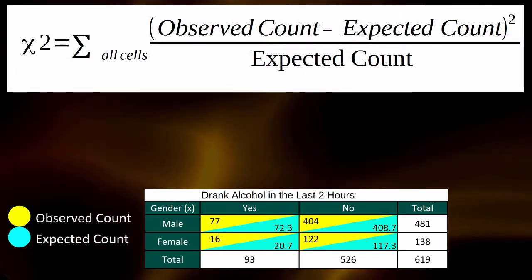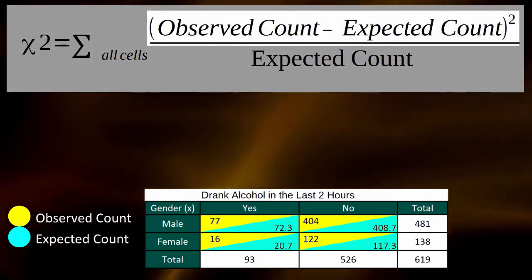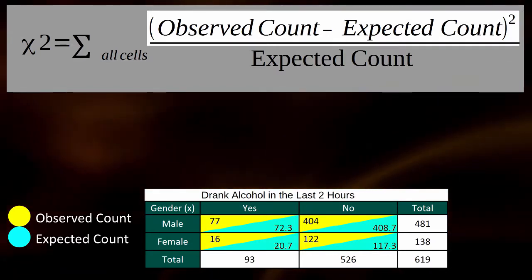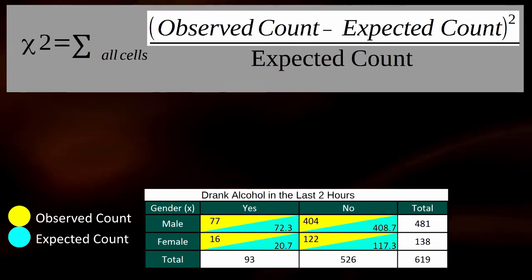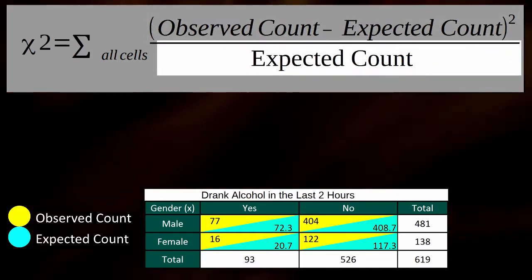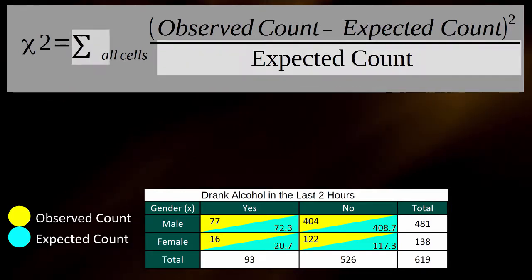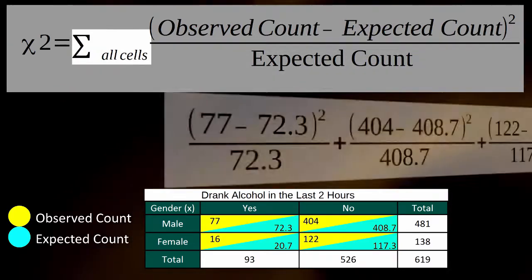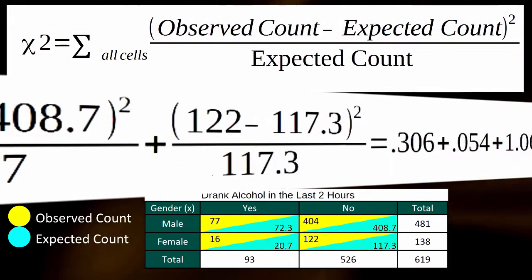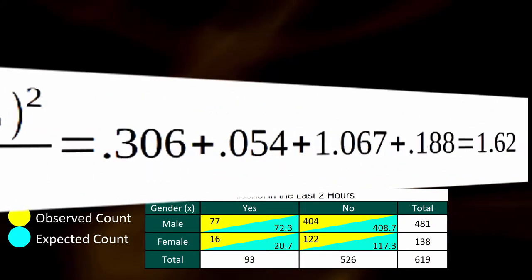Here's the formula. For each cell, we take the observed count, subtract the expected count, and square that value. This value is then divided by the expected count, and then this number is summed for all of the cells in the table.